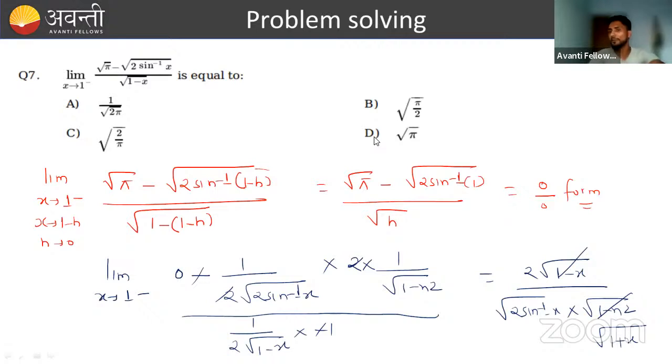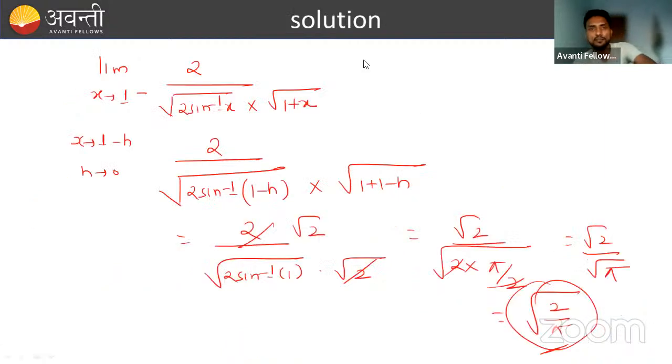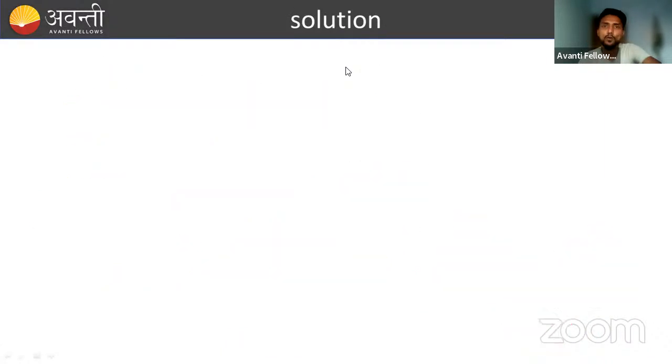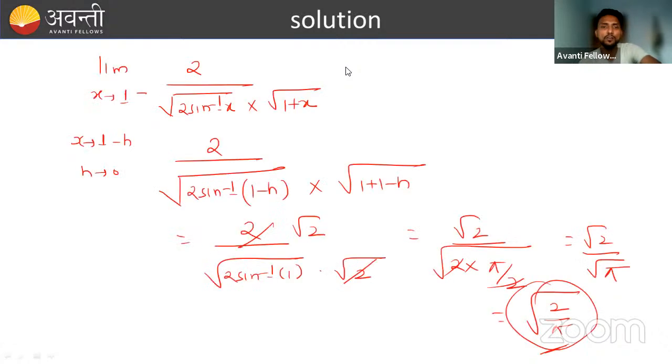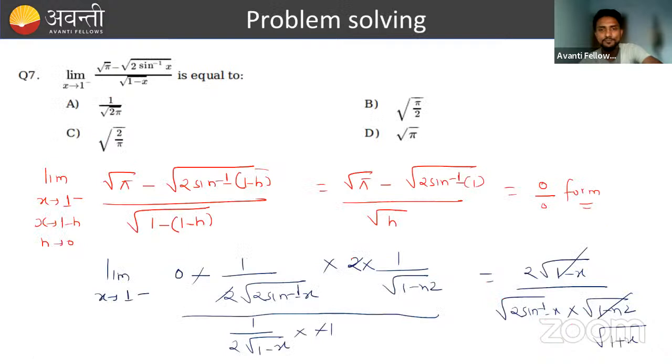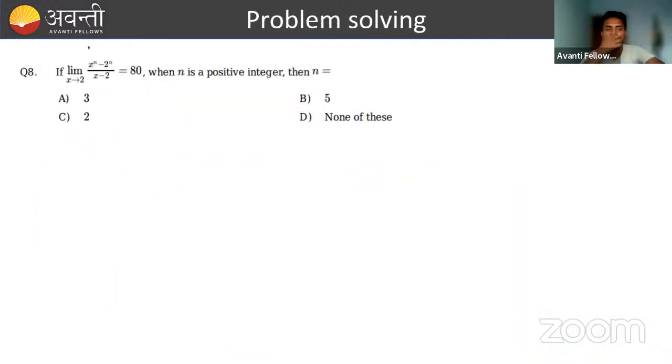We are doing differentiation, and wherever it is cancelling, like 1 minus x and root under 1 minus x square, we cancel it because if the minus remains, it will create a problem. We saw that one factor is cancelling, so we cancelled it. After that, just put the limit and you will get the answer. I hope it is clear to all of you. You can see the solution as well.